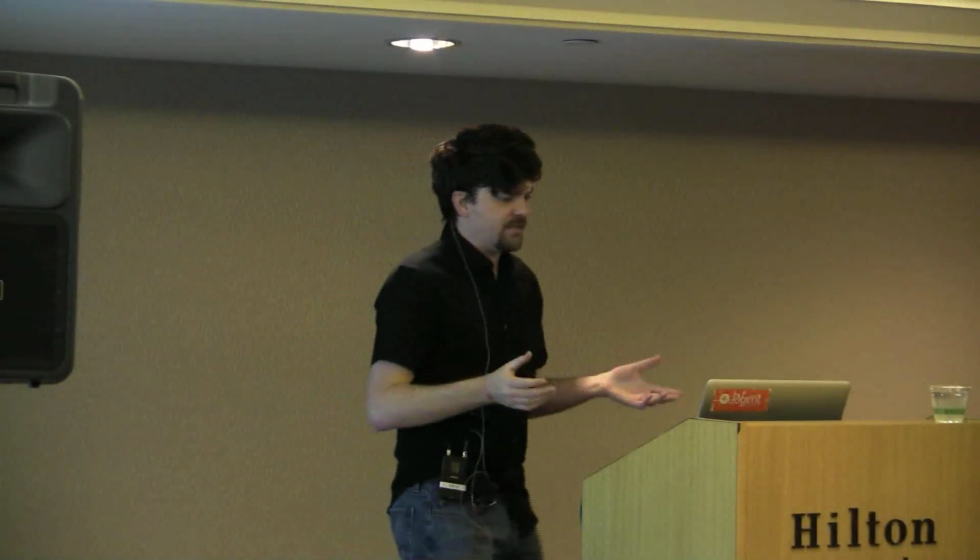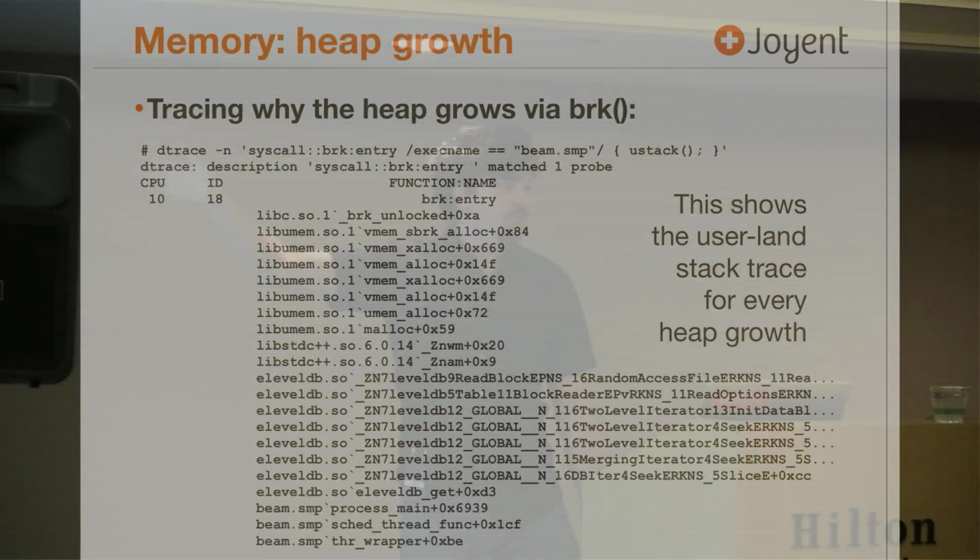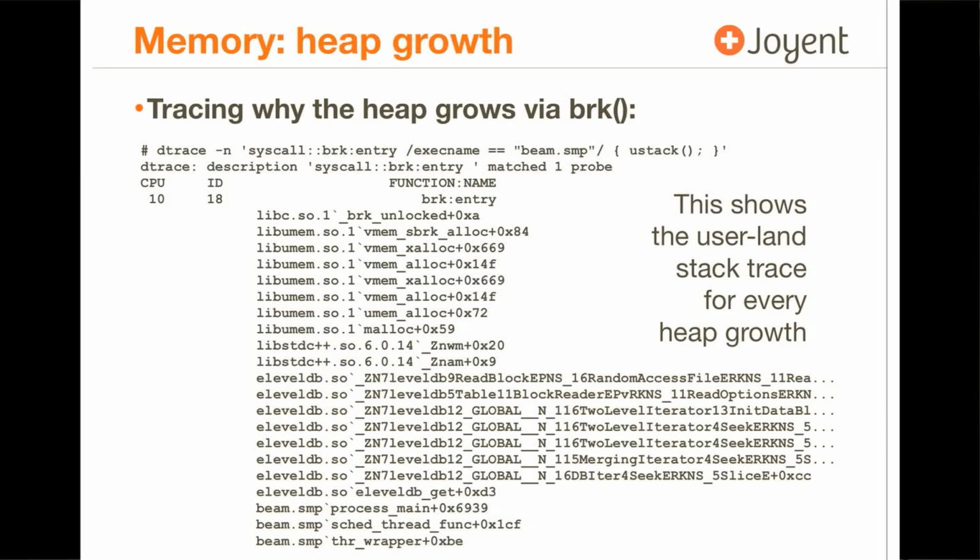So another tool that's really handy to have is being able to trace why the break pointer is expanding. With DTrace, that's easy. If SystemTap works for you, I'm sure this is easy as well, where you can trace that particular system call that moves the heap break pointer, and then look at the entire user-land stack backtrace.